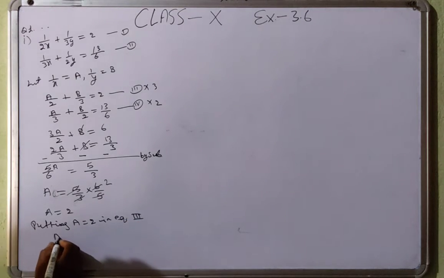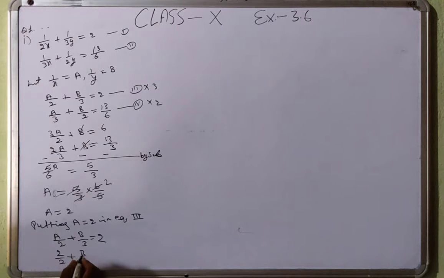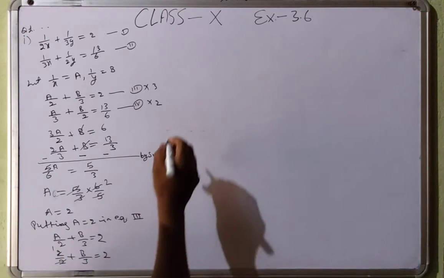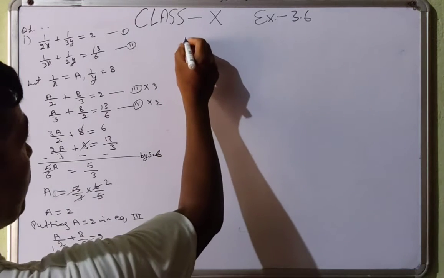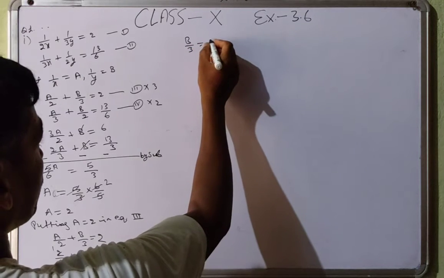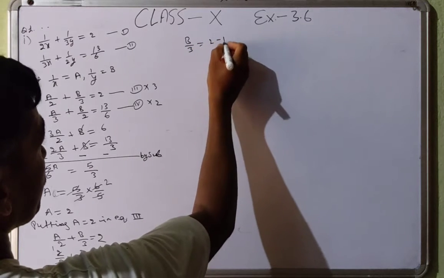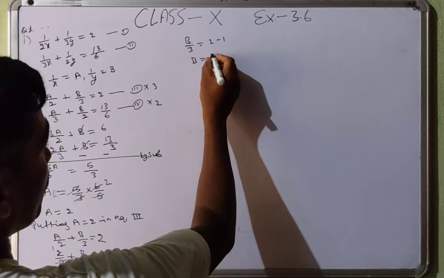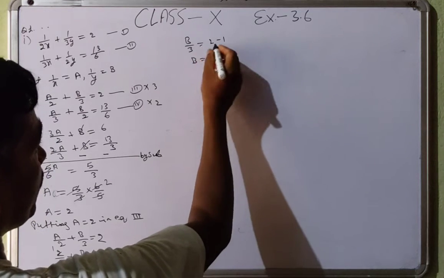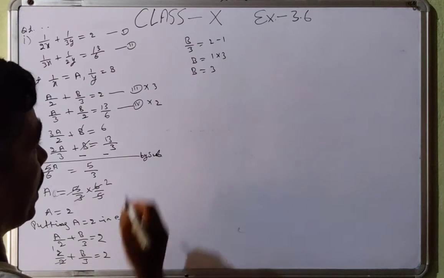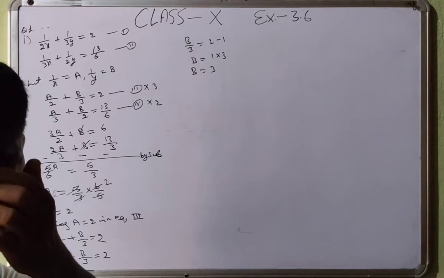So a upon 2 plus b upon 3 is equal to 2, and the value of a is 2, so 1 plus b upon 3 is equal to 2. So b upon 3 is equal to 2 minus 1, so b is equal to 1 into 3, b is equal to 3. Now we have found the a and b values.